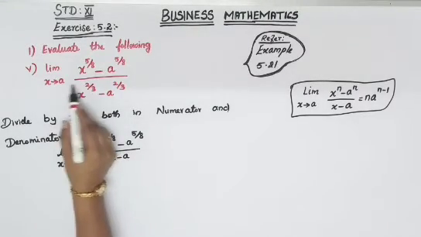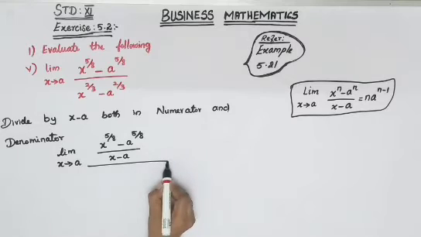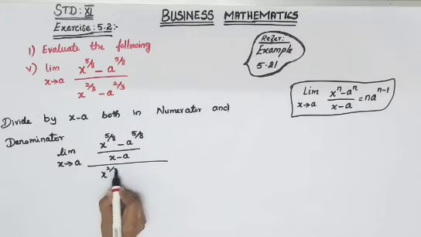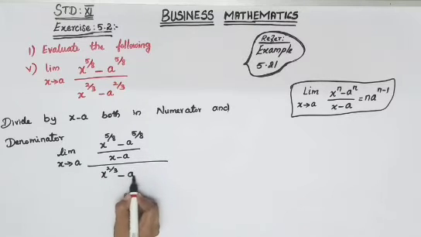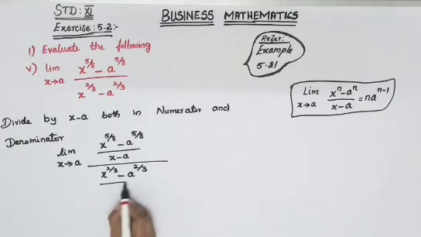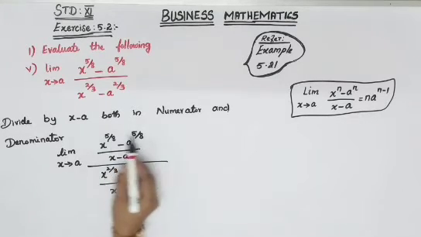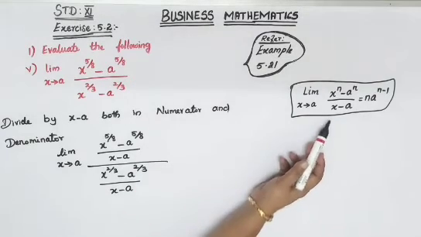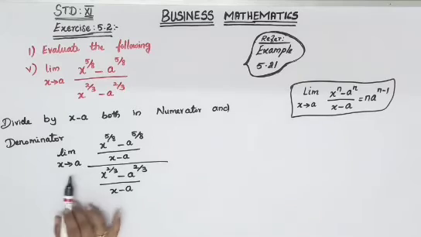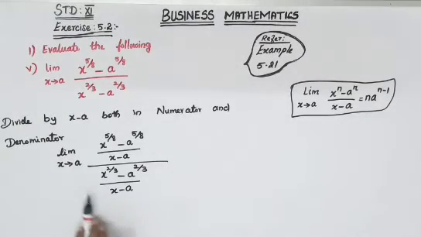Then this whole thing is divided by the denominator x power 2/3 minus a power 2/3, and the same x minus a you will have to divide here also. Now you can see the numerator separately has this format, and the denominator separately has this format, but the limit is common. So if you want, you can split your limit and write in your next line.